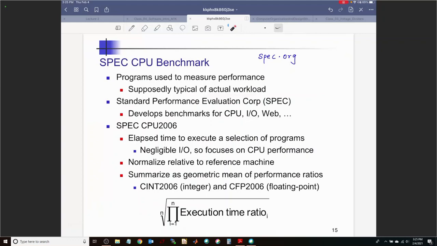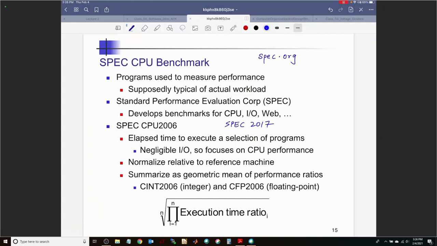All right, so the table I'm going to show you in just a bit is actually the SPEC CPU 2000, right? So those are the previous version. Right now we are looking at SPEC 2017. So three years ago there was the last change.